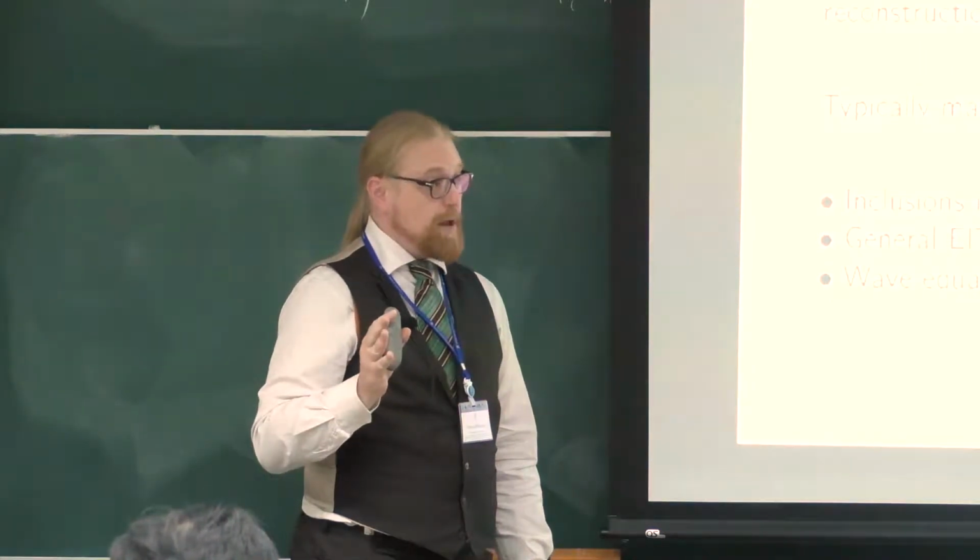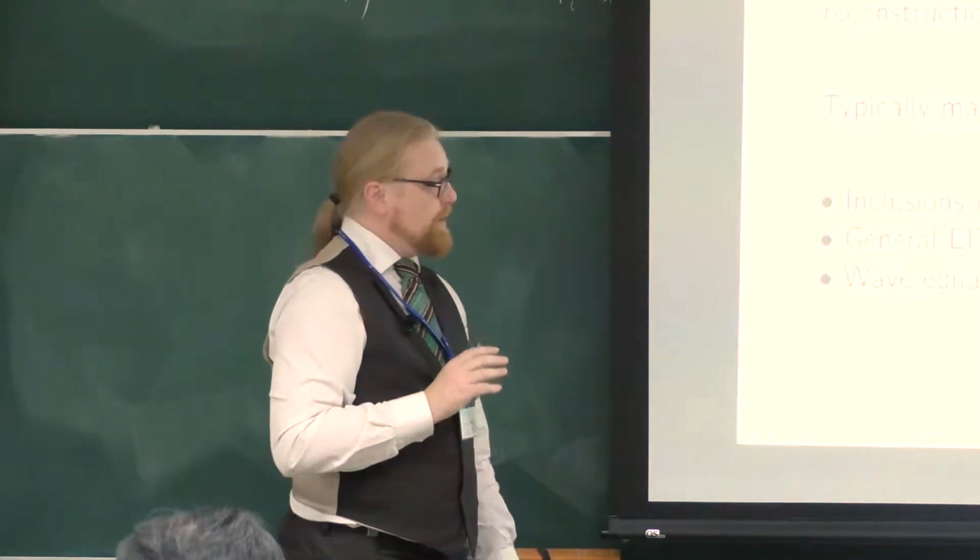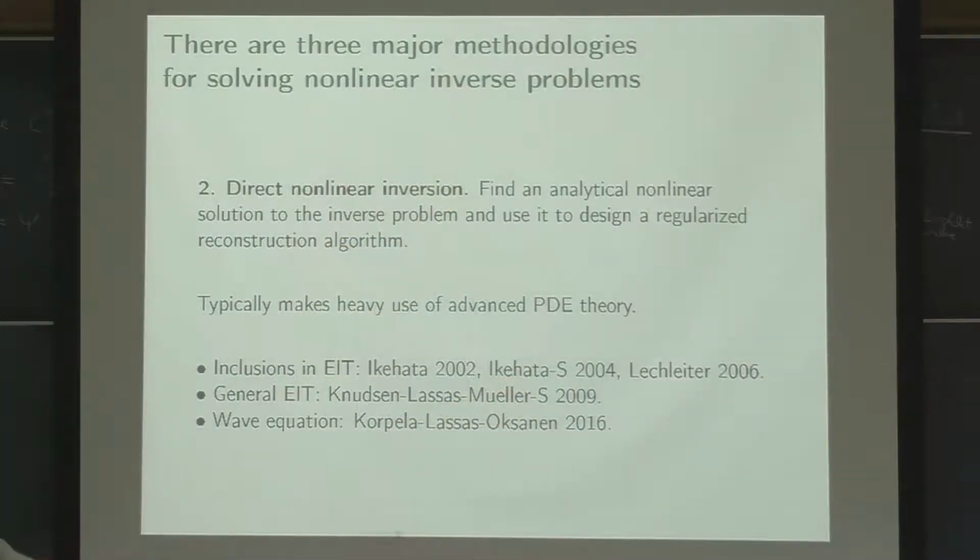There are a huge number of papers about uniqueness, but so far I think these are the only papers I found analyzing direct nonlinear inversion methods in the sense of regularization strategy. I would say Professor Ikehata is a true pioneer in this respect, quite early already proving such regularized methods. But I think there's a lot of work in this area to do. So lots of open problems, very interesting mathematically, also very important for practical imaging.